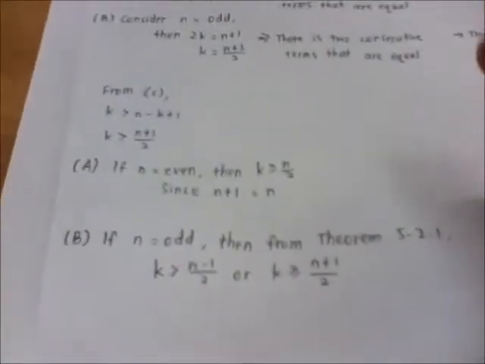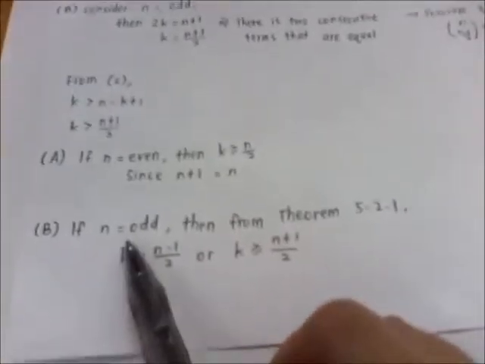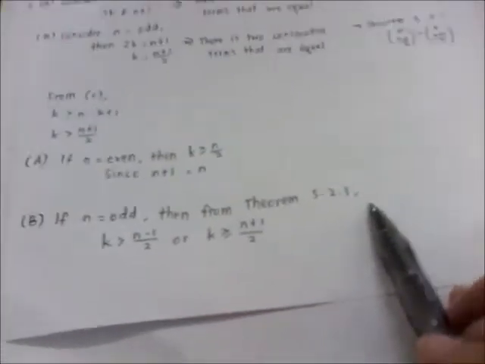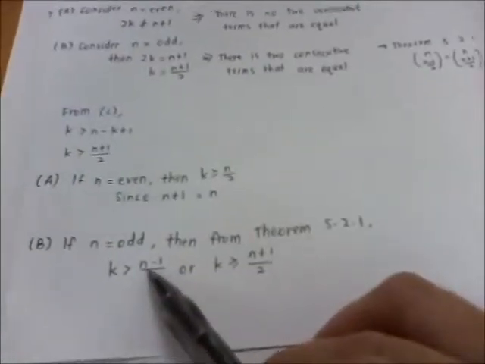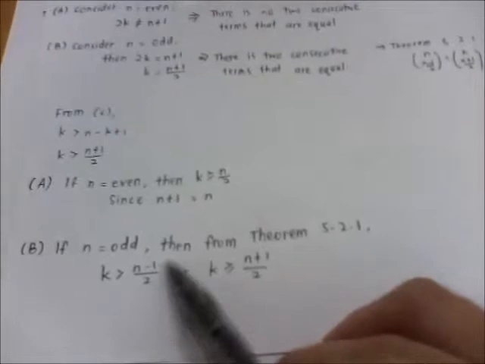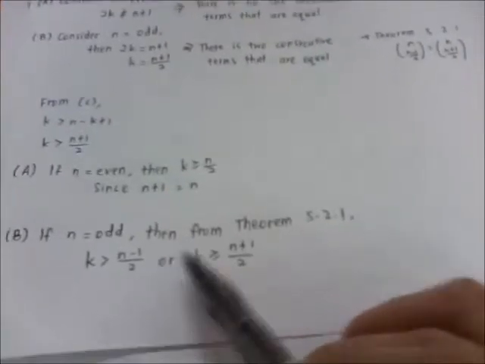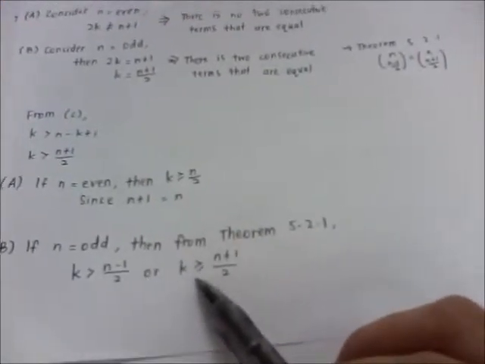Okay, now what if n is odd? Then we can see from theorem 5.2.1 that k is bigger than or equal to n plus 1 over 2. Let me show you the theorem.